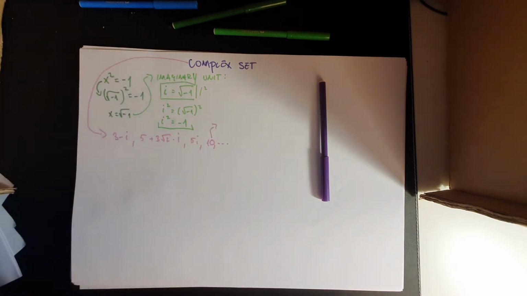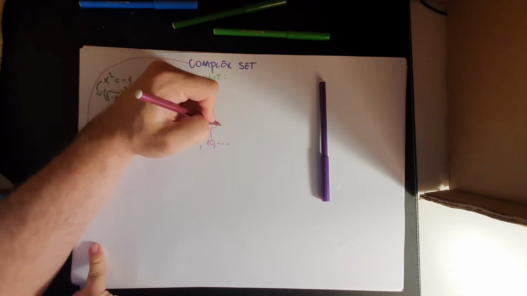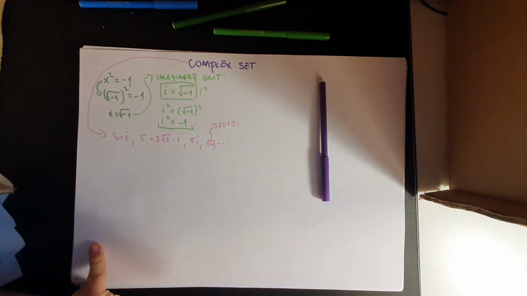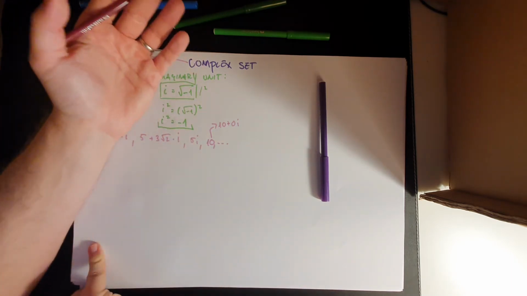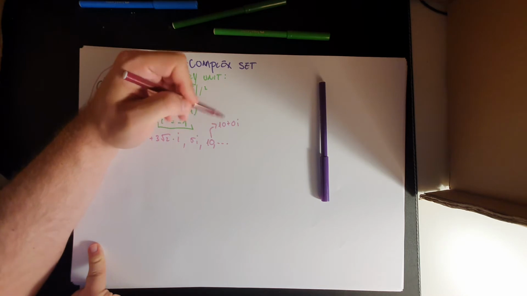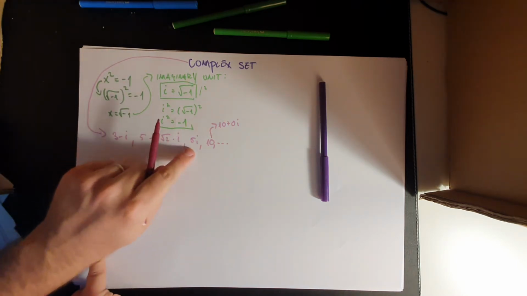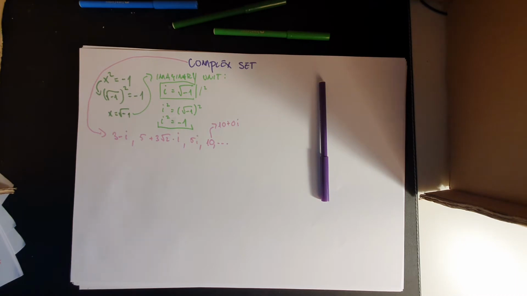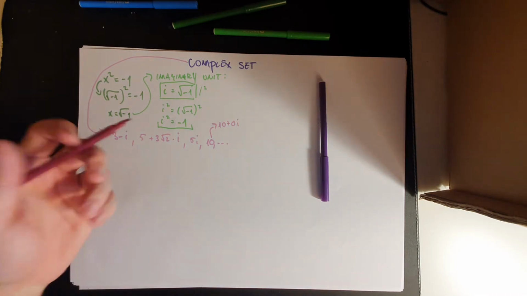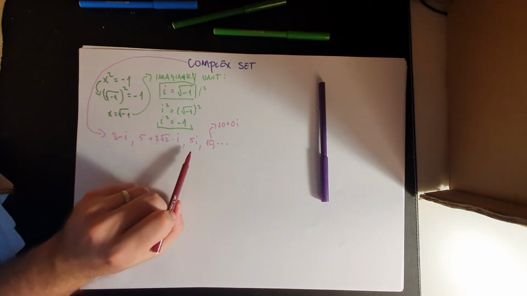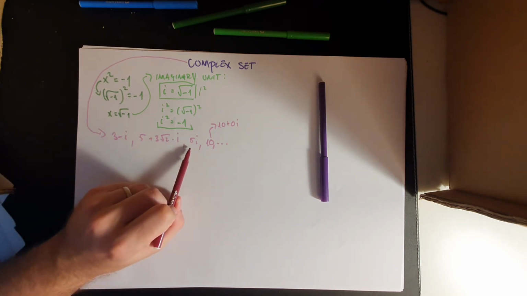Well, I can redefine it as 10 plus 0i. 0 times i is 0, so we don't have it, 10 stays, and it is definitely going to be the real part of it. For example, 5i is the simplest version of a number that we definitely can say is complex or imaginary, because it consists of i, but it doesn't consist of anything real.